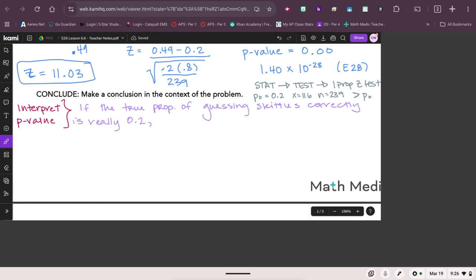then there is a 0% probability of getting what we saw happen. So if in my case, it's going to be of getting 116 out of 239 purely by random chance.